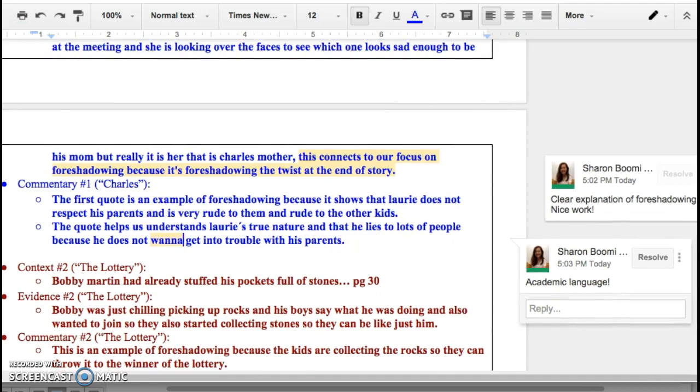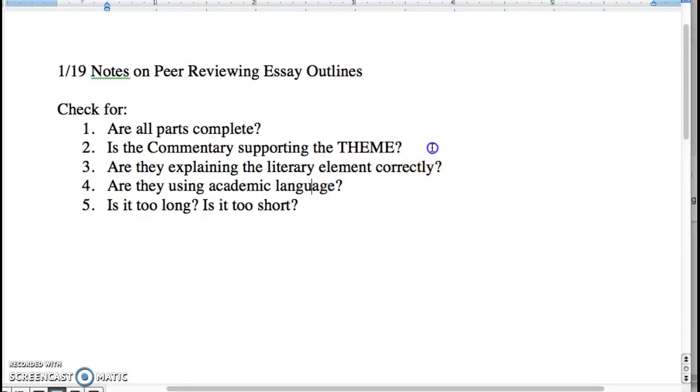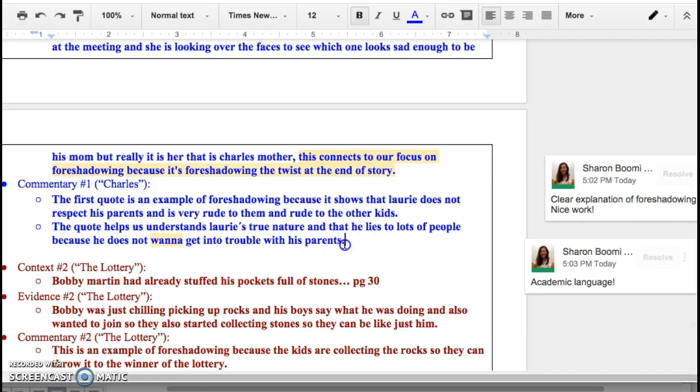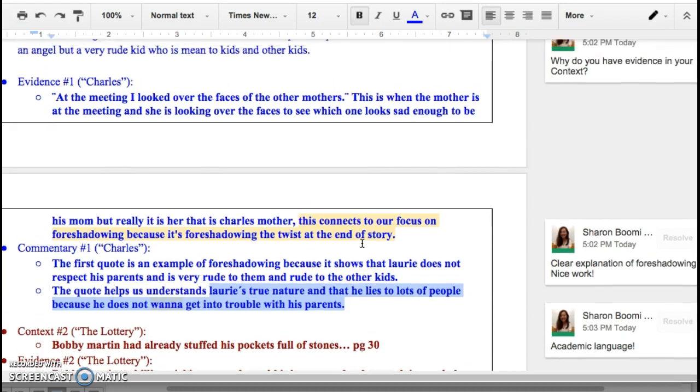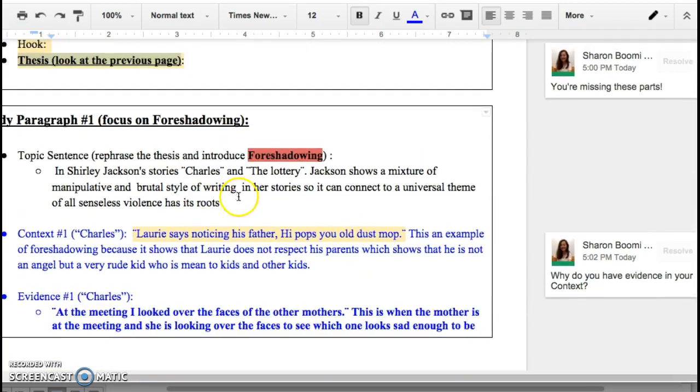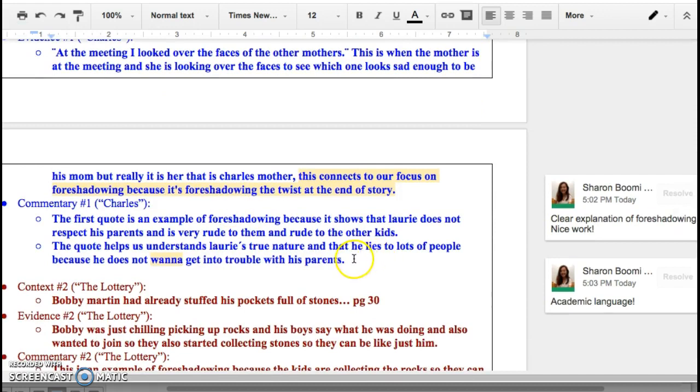And are we returning to the theme at the end of this commentary? Question number 2. "Helps us understand Laurie's true nature." I'm going to look back at this theme again. The theme is all senseless violence has its roots. All senseless violence has its roots. Laurie's true nature because he does not want to get into trouble with his parents.